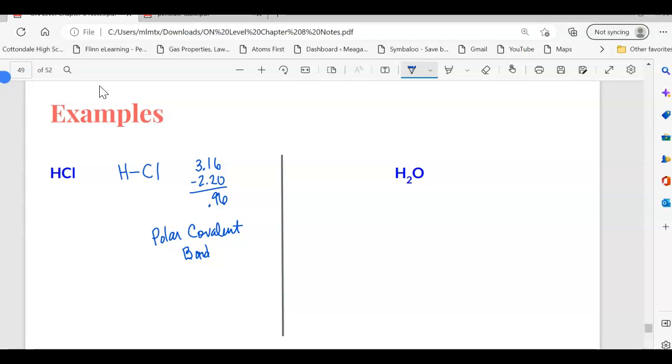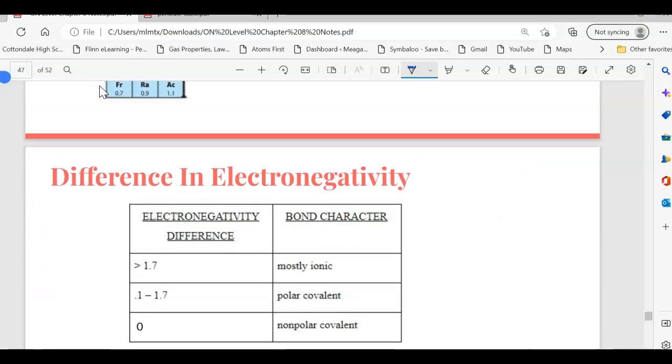Okay, then we're going to look at the same thing with our water. Now, with water, we have a bond that's happening between the H and the O. We have two of them. We don't care how many we have. We're just looking at the bond between those two. So we want to look at the numbers. H is 2.20. Now I want to find what O is. So I'm going to go back up.